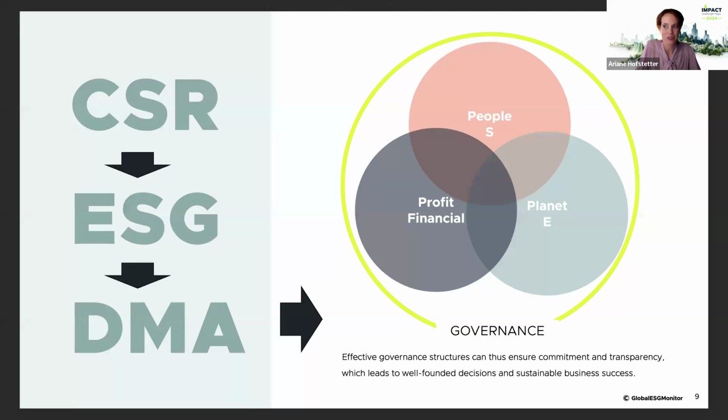On the left side, you see different three-letter versions. It starts with CSR, then comes ESG, and then DMA. CSR, meaning corporate social responsibility, is the starting point. It has the longest tradition in reporting.